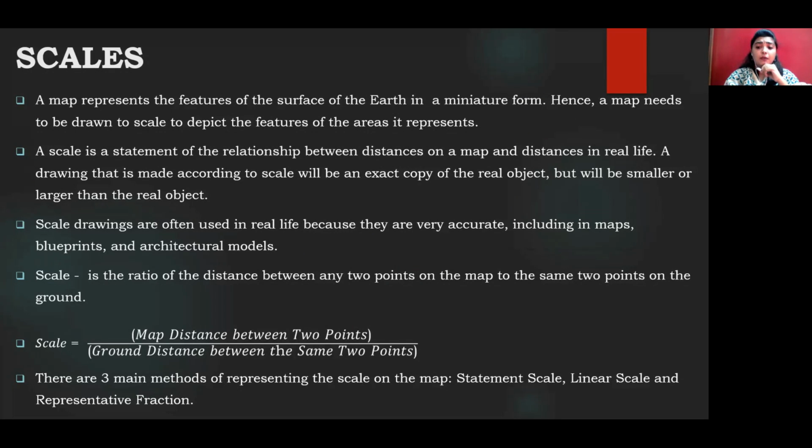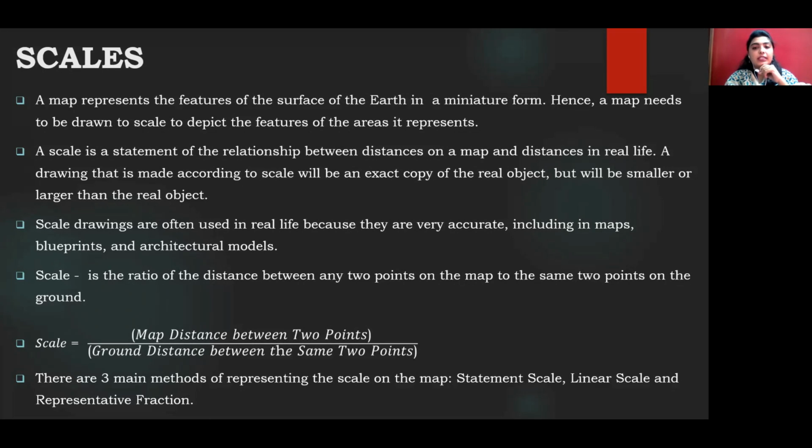Now, since the starting, I have been telling you that scale is a very, very important factor when it comes to maps. In the definition itself, it was written that maps are drawn to scale. So, what is this scale? In simple words, scale is a ratio between 2 points on the map to the same 2 points on the ground.